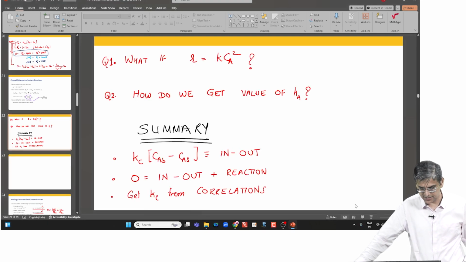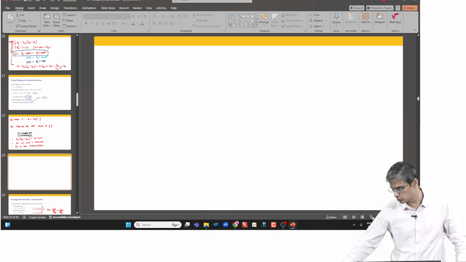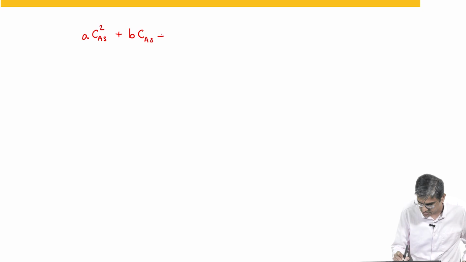As somebody had said, for a quadratic expression, what you will get is a quadratic equation. A quadratic equation might be in the form a Cas squared plus b Cas plus c equal to 0.